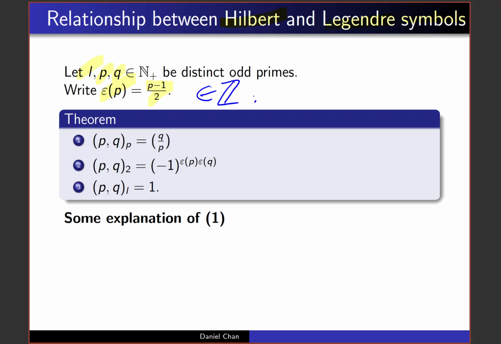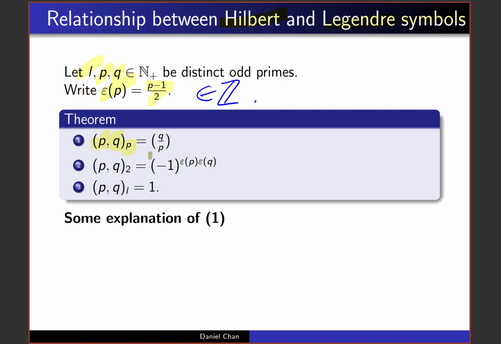Okay, so let's look at the following values of the Hilbert symbol. Firstly, what's (P, Q) at P? You have an odd prime P, and you look at the Hilbert symbol with respect to this P, and the other variable you put here is Q, a distinct odd prime.